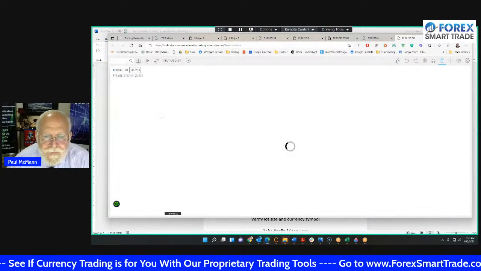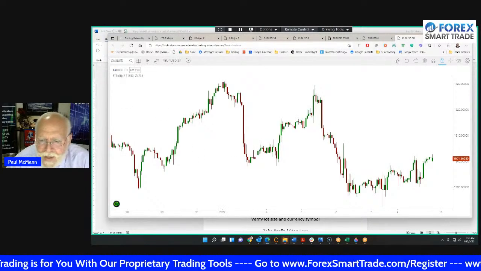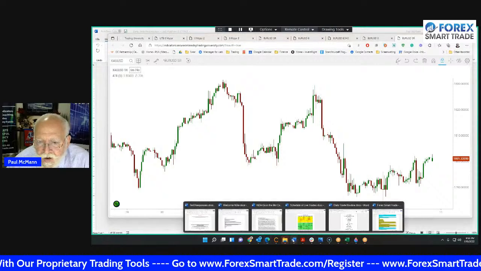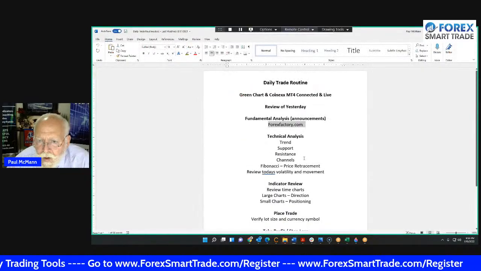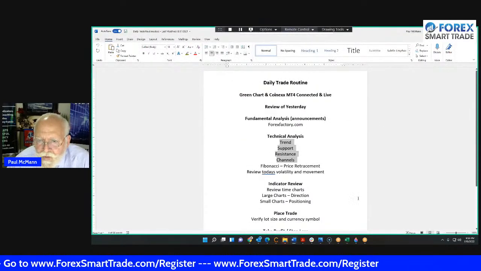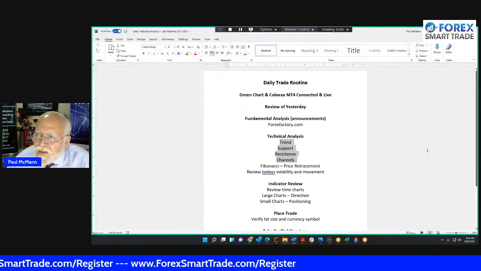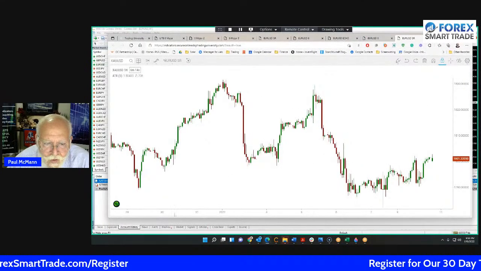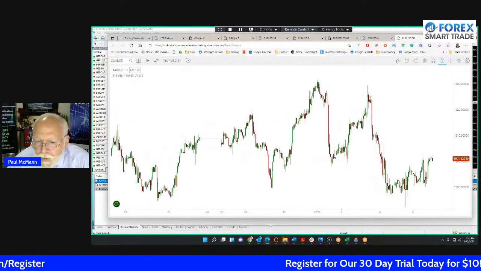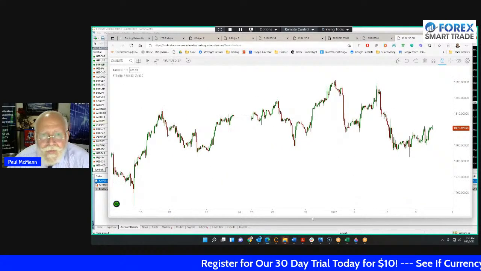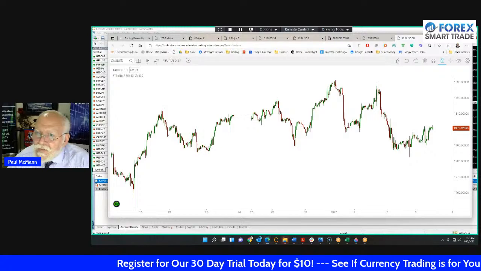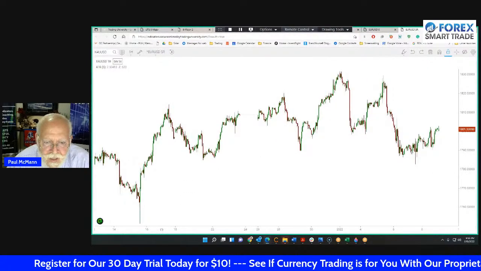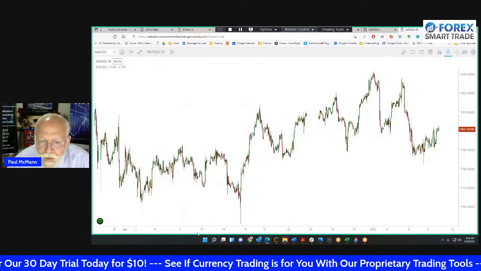XAU. Going back to my little chart here, I want to know where the support and resistance is and what the trend is. So to do that, I am going to pull the calendar, pull the chart together. Let's put this so I can get more data points on here.